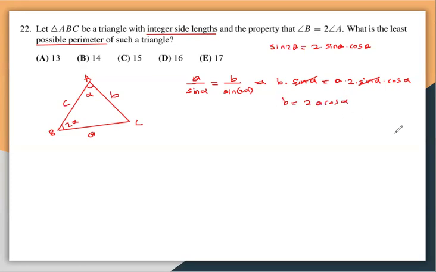But with this only, it's not really helpful because we have no idea about the angle alpha, so we cannot really use that. Maybe we should try to find another thing so we can relate that. The only way we can relate this cosine alpha is maybe to use the law of cosines as well.